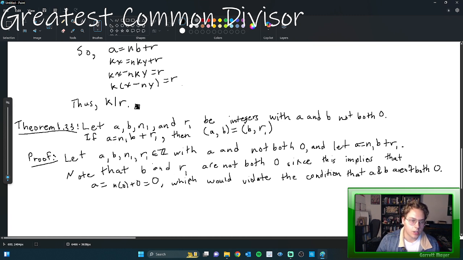Okay, so A and B aren't both 0, so this means that B and R1 are not both 0, which means that this greatest common divisor is well defined. So it is actually a number that we can calculate.